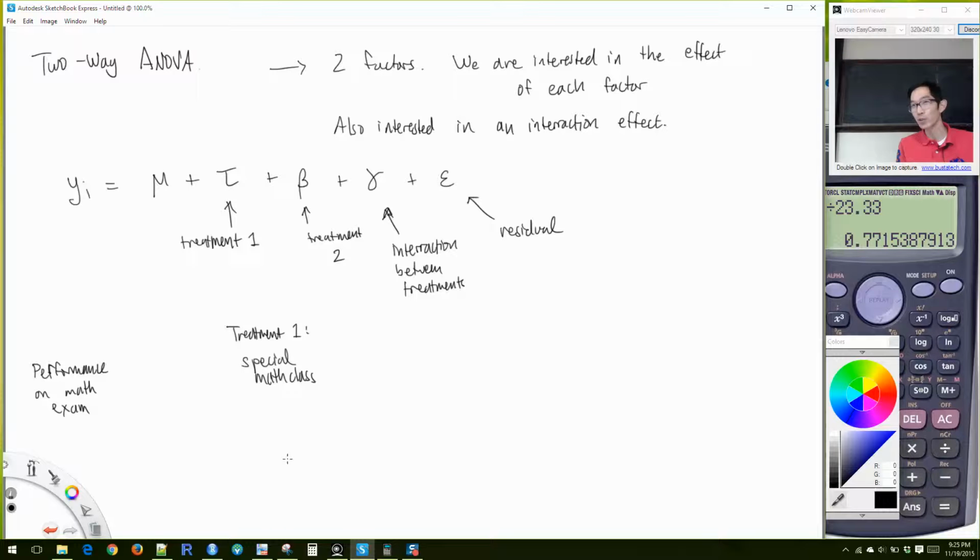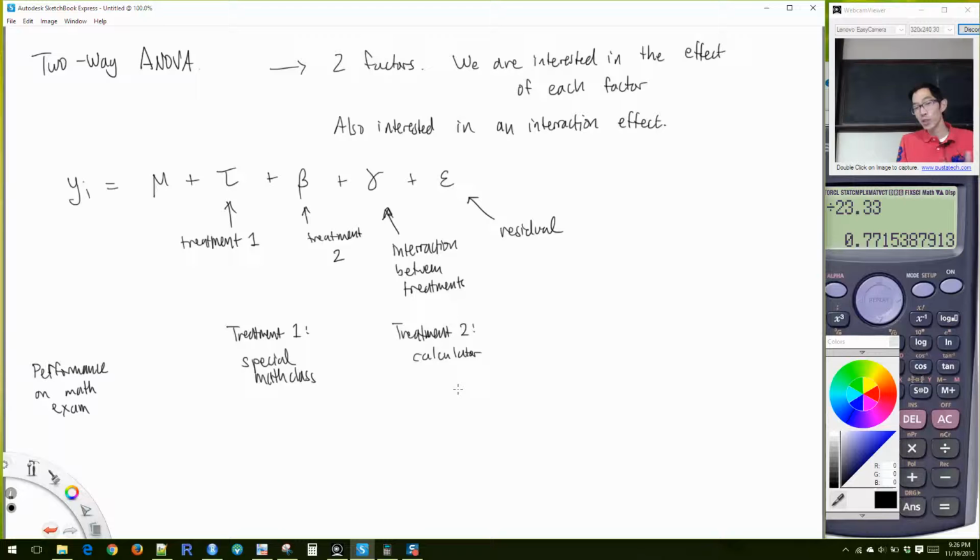And then maybe treatment 2 is they got calculator training, or maybe they got a special calculator that helps them out. And treatment 2 by itself, when studied in another study, helped students' scores improve by 3 points. It was statistically significant. On average, the score improvement was 3 points.